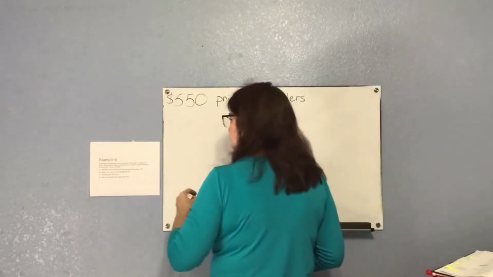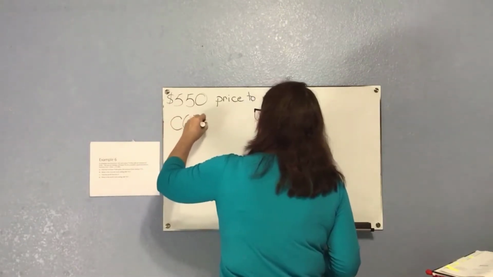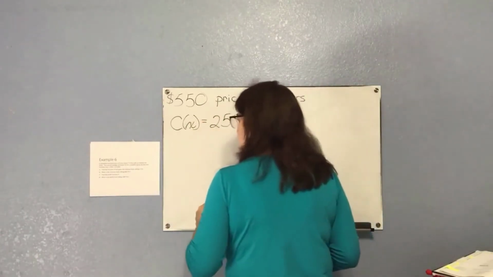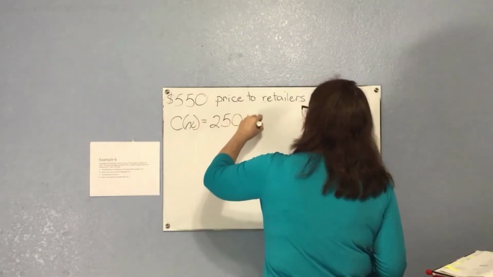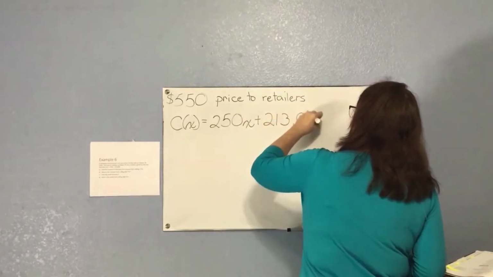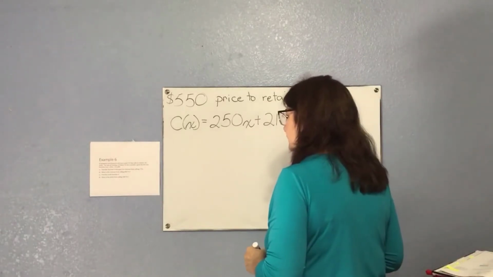And then they give us a cost function of 250x plus 213,000. So there's my cost function.